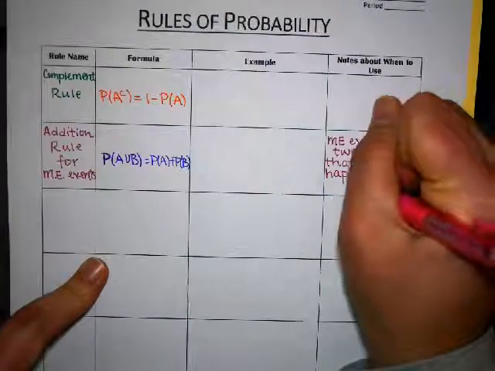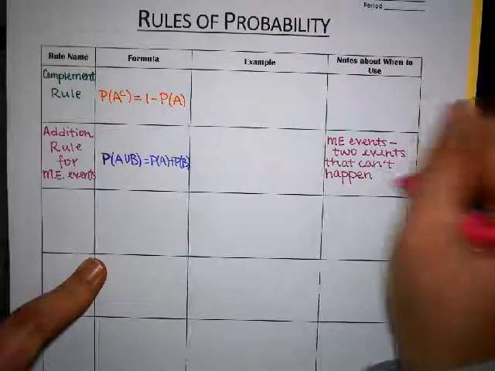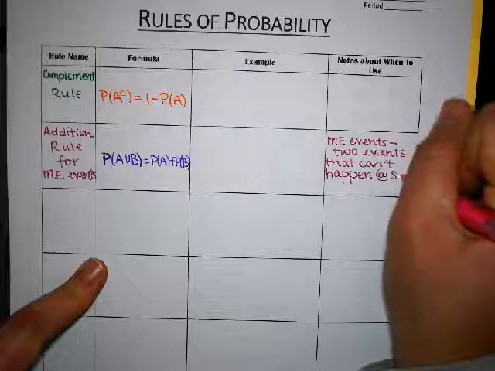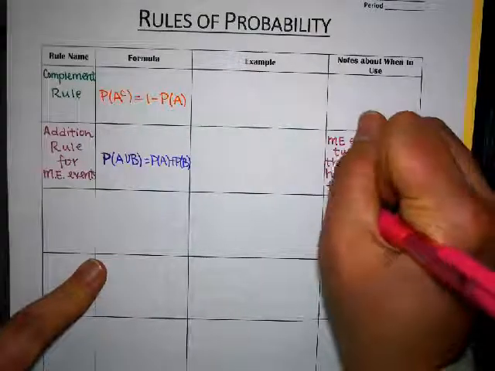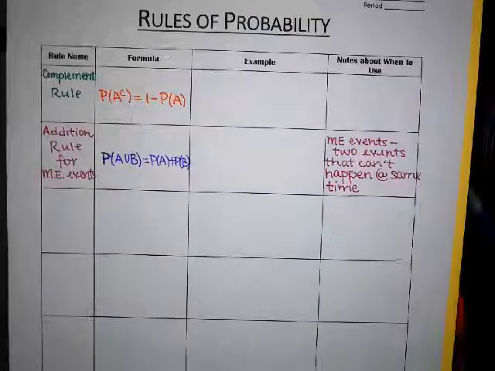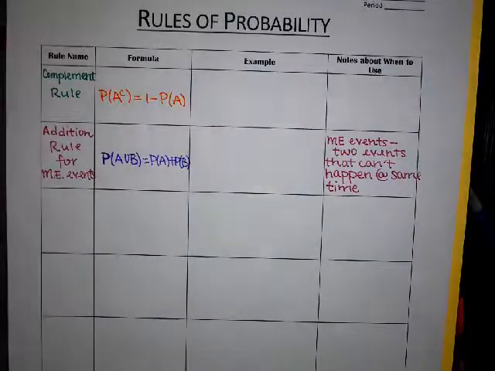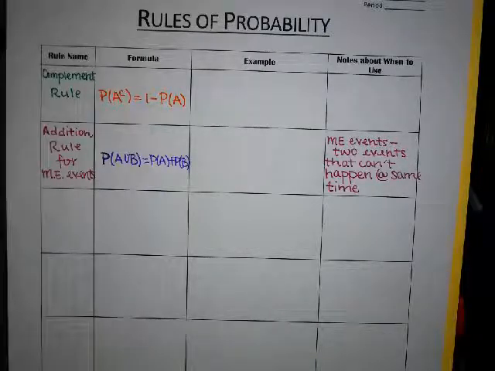So an example would be my favorite deck of cards. If event A is the card I pick is red and event B is the card I pick is black, those two events cannot happen at the same time. So they would be mutually exclusive.